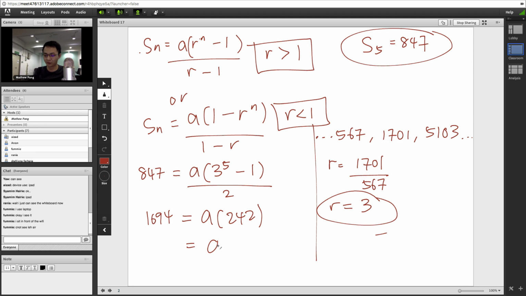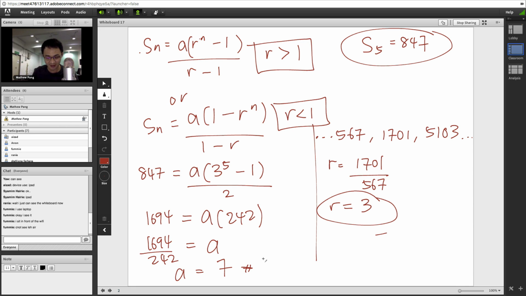So I move the 242 to the other side, it becomes divided by 242. So a is 7. Over here we can get our ratio is 3 and first term is 7.